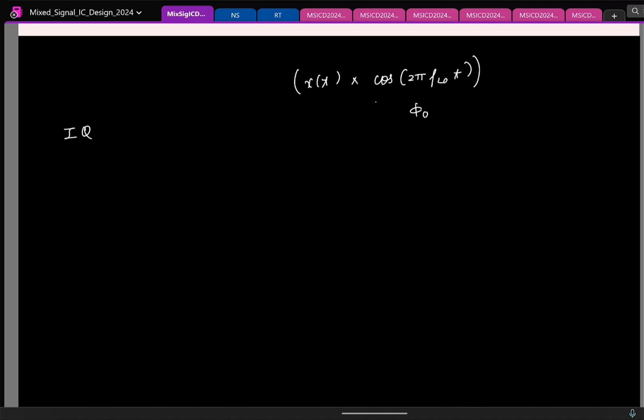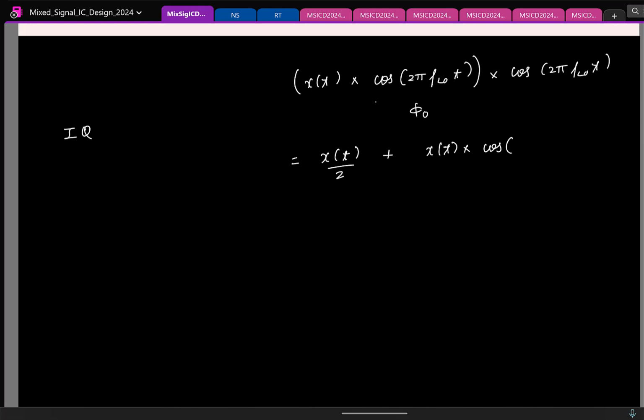Now, this is the transmitted signal. Let us say you receive it, and after you receive, you have to down convert. How do you down convert? You again have to multiply with the same thing. So let us say you do this. So now I have cos square FLO. Cos square x is what? So it's 1 by 2 plus, what is the other term?